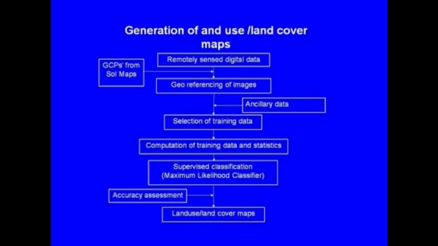Based on this information, we compute the training data statistics and perform the supervised classification using a maximum likelihood classifier. In order to have confidence in the land use and land cover assessment using remote sensing, we need to do the accuracy assessment. Here the criterion was kept as 85%.